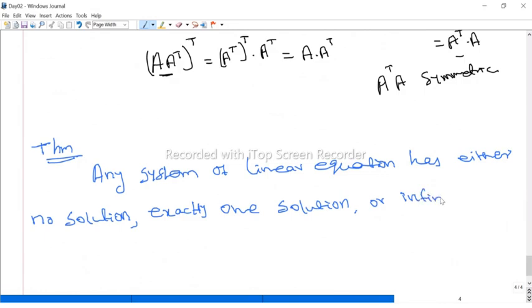So any system of linear equations has either no solution, exactly one solution, or infinitely many solutions. There are only three possibilities for any system.